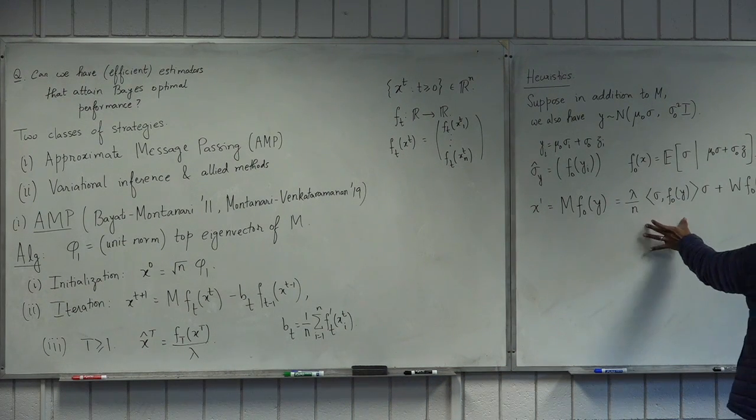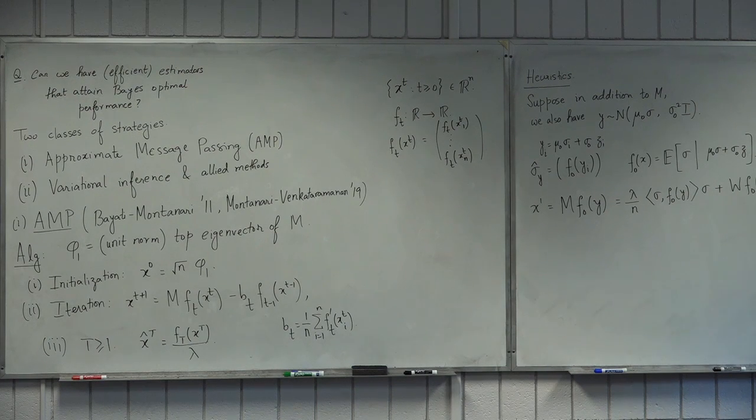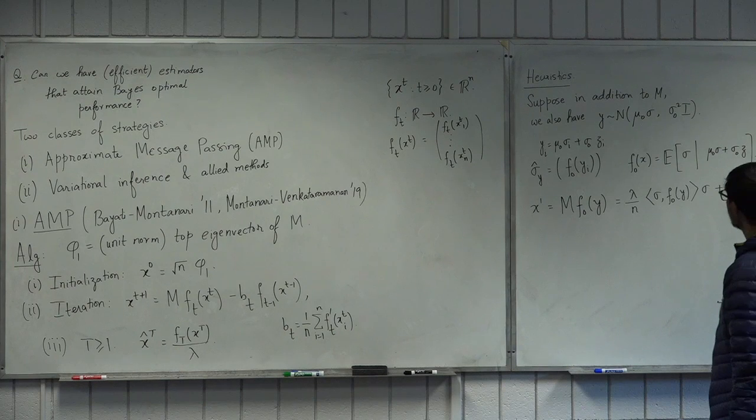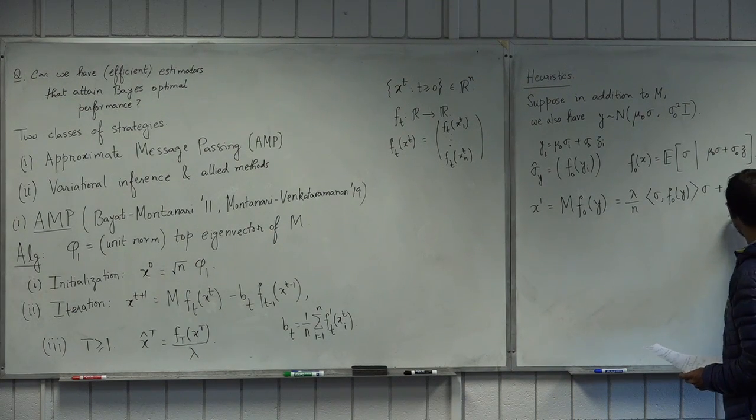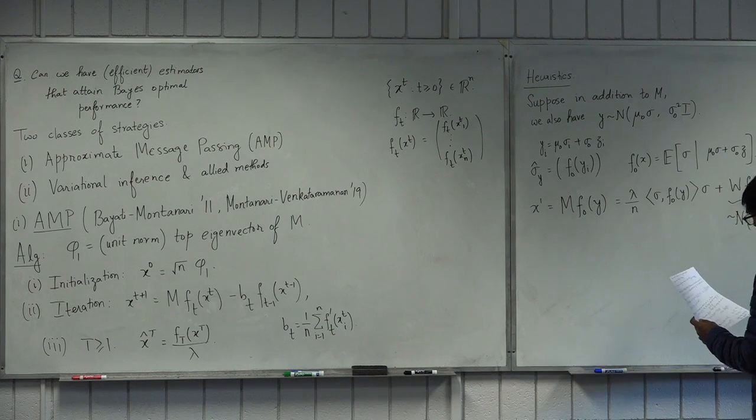Okay. So I haven't done anything, I've just expanded it out in terms of the matrix M. Right? There is a rank 1 spike, this leads to the first term, and there is a noise term. Okay. And now, if you look at this, you immediately see that because this little y is independent of M, this term is basically a normal vector with mean 0 and a variance that is norm of f0 of y squared over n.